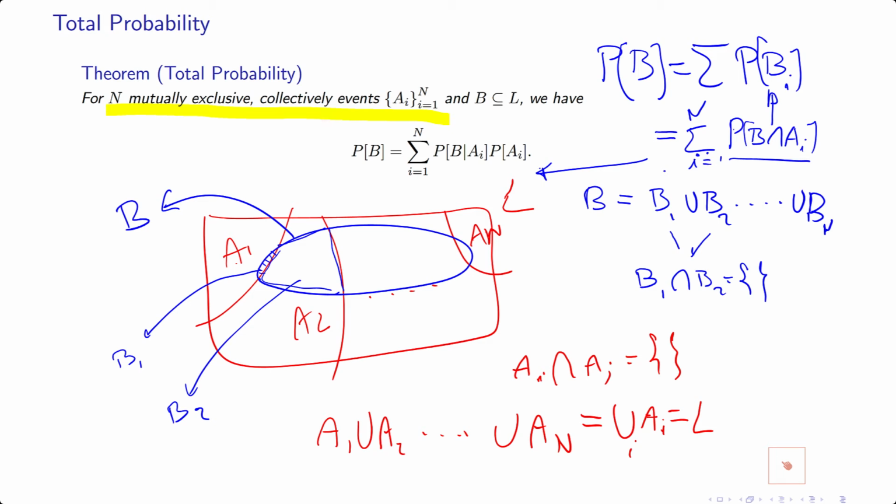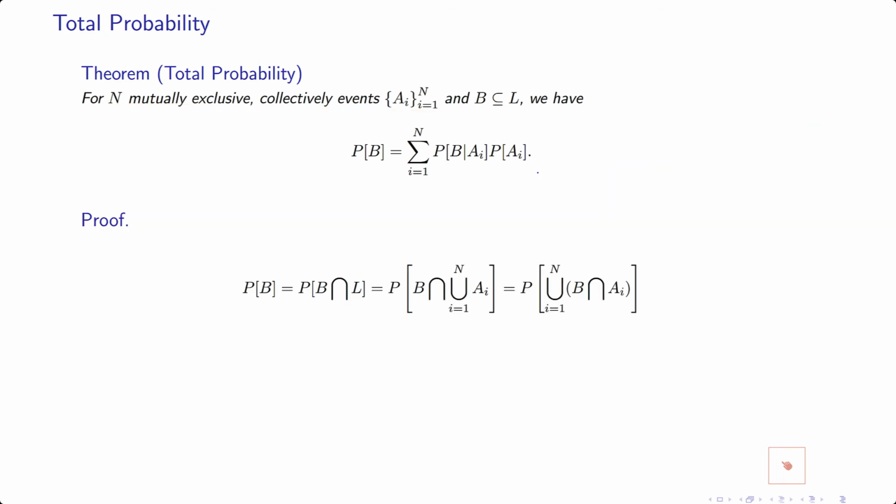Now here you can use the definition of the conditional probability and get this theorem proven. So the proof is very easy. So you divide B. If you want to write it formally, B is equal to B intersection with Ω, and because they are mutually exclusive, this Ω is equal to the union of these. Using De Morgan's theorem, you could say that intersection of union, you could change the order easily.